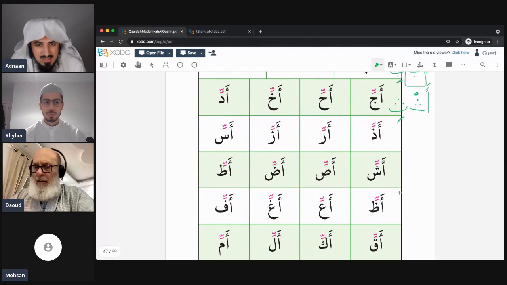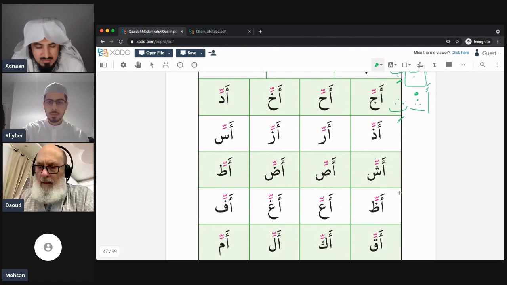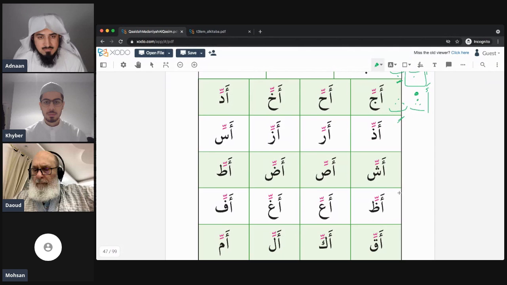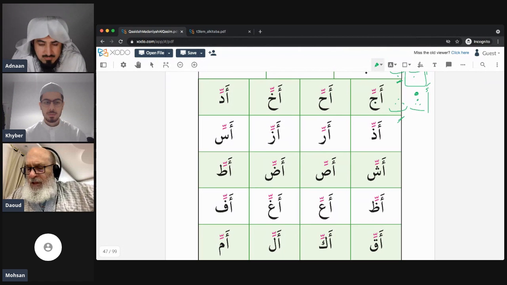Next line. Ajji, ahi, akhi, addi. Khaybar. Ajji, ahi, akhi, addi. Ahsant. Muhsin. Ajji, ahi, akhi, addi. Ahsant. Brother Dawood. Ajji, akhi, addi. Ahsant.